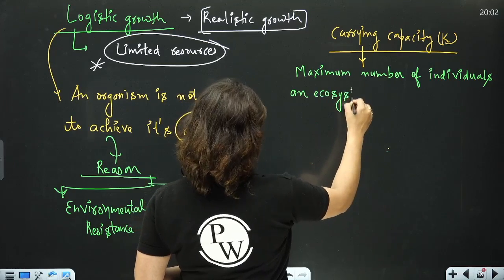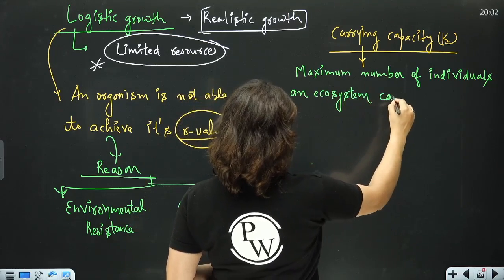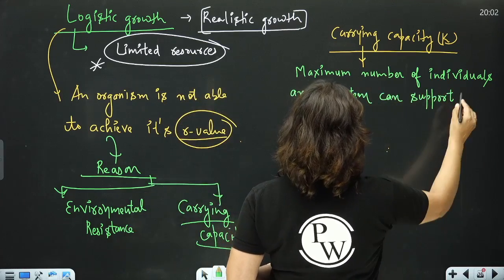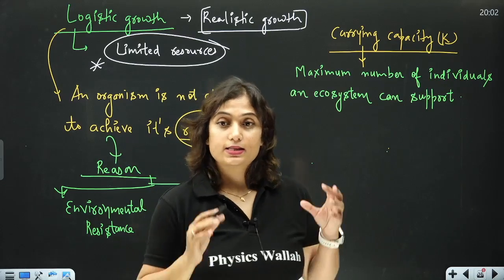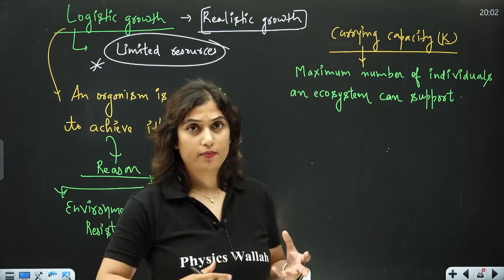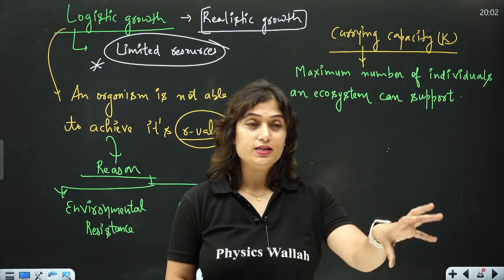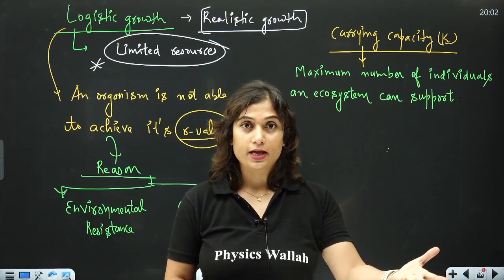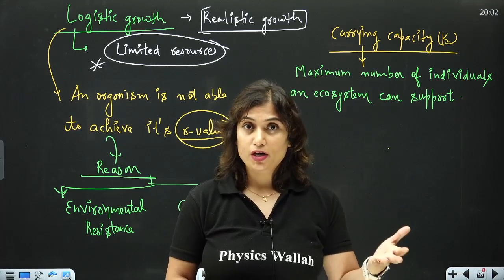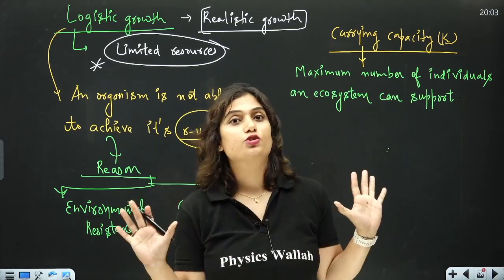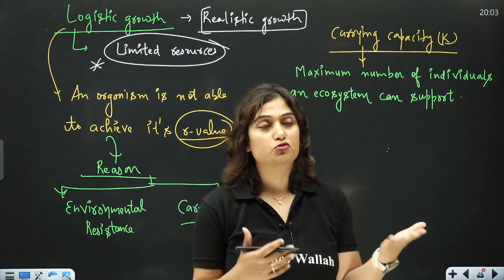There is a limit for every ecosystem that it can support only so many individuals, not more than that. If you add more individuals to the ecosystem, then the ecosystem will say no: I don't have many resources to provide to the extra individuals.